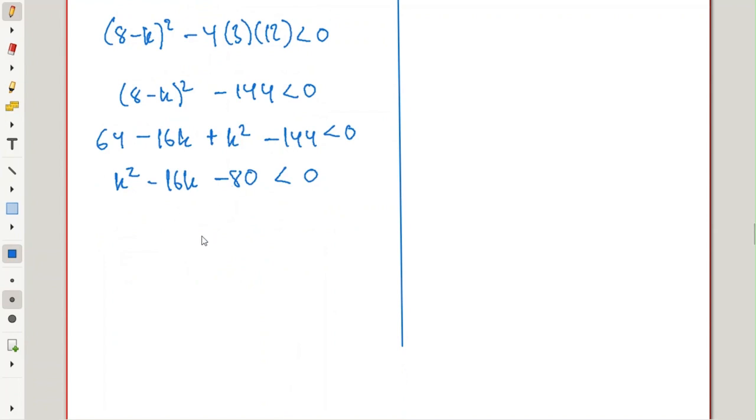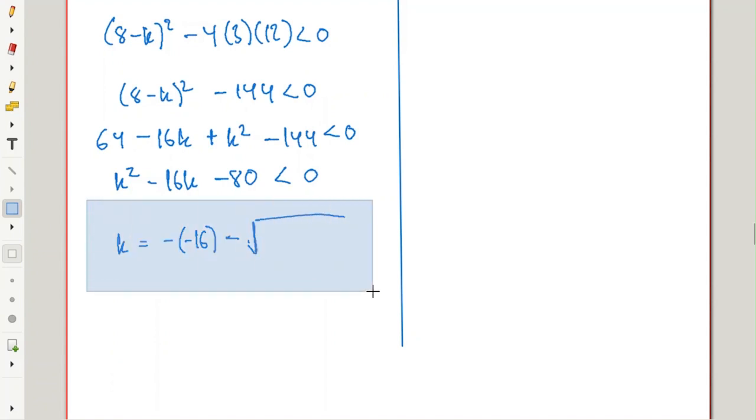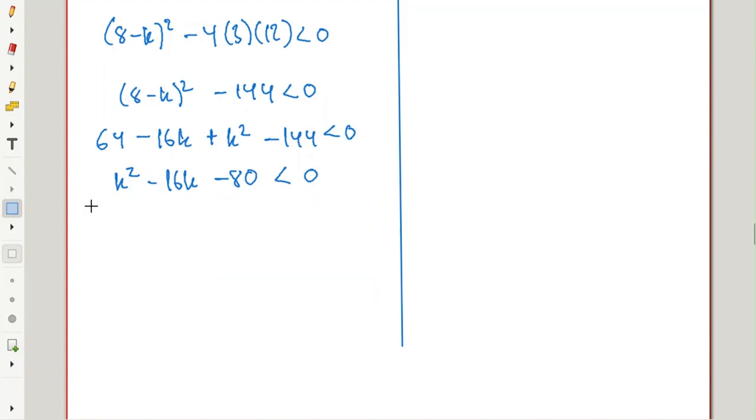Now let's solve this quadratic. Because this one is huge, I want to use the quadratic formula. Negative this, minus 16 squared. Oh, that's going to be huge. No. Let me just think my way through.